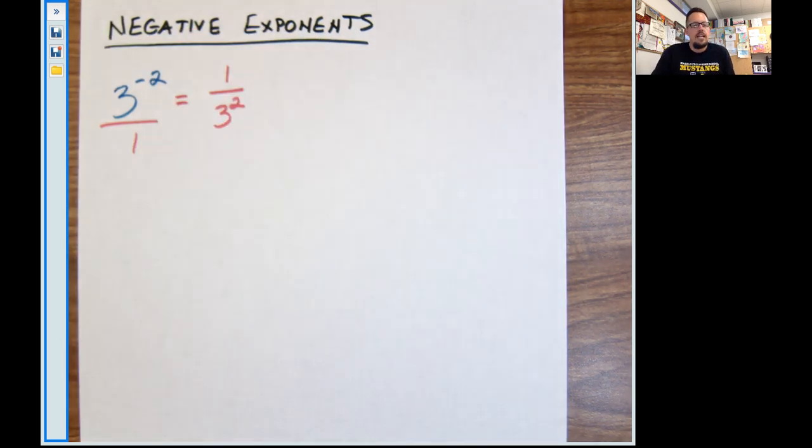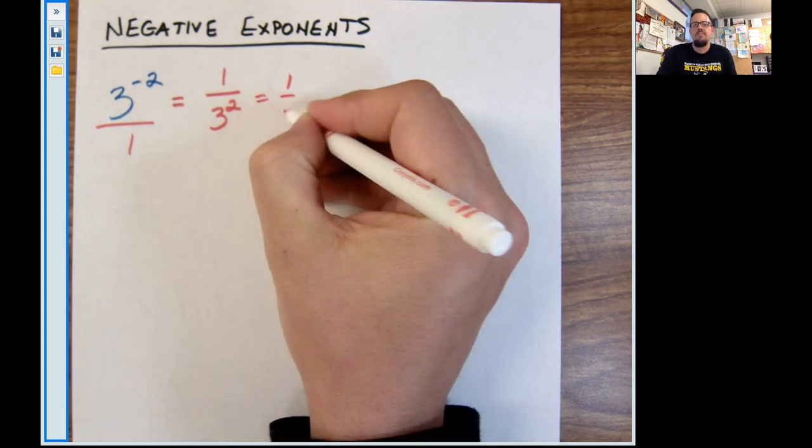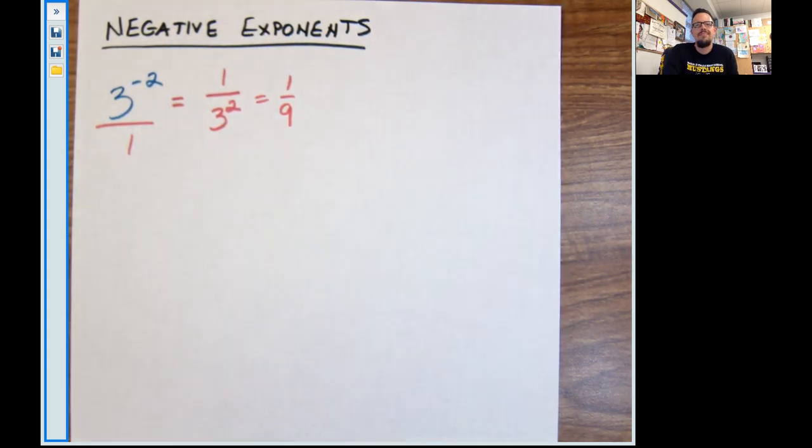That causes the exponent to change from positive to negative. Okay? So what's the answer? Well, 3 squared is 9. That seem all right?